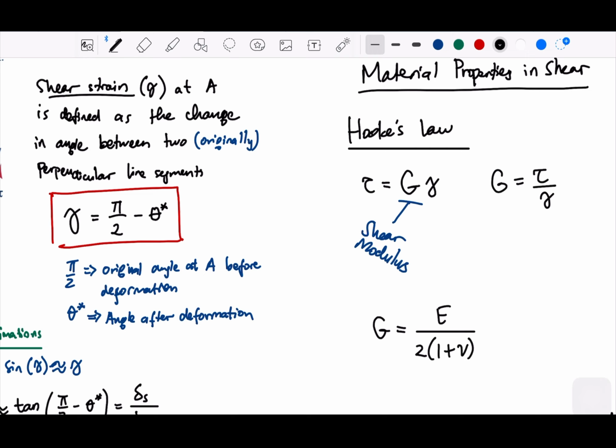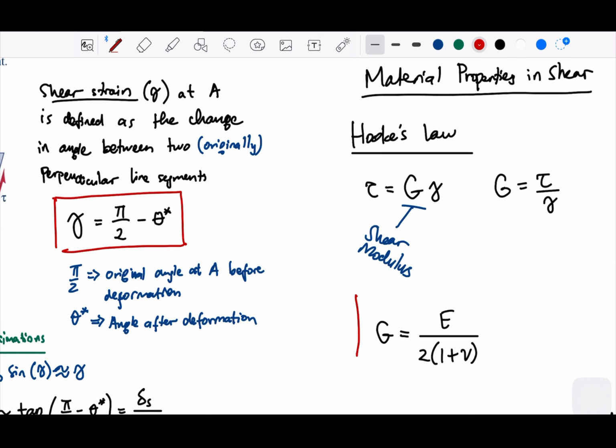There is a formula to combine G and E, but I will leave that for a later discussion. G and E are the same kind of modulus, so they need to be proportional, at the same ratio. There are some key factors from the shear that make G and E different.